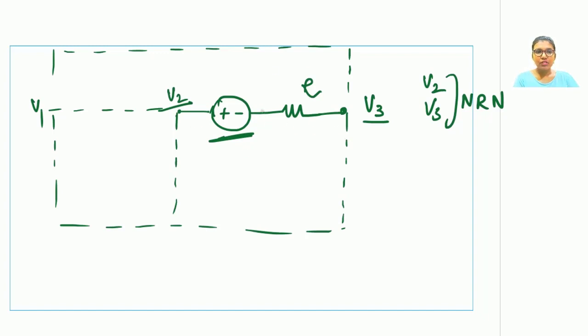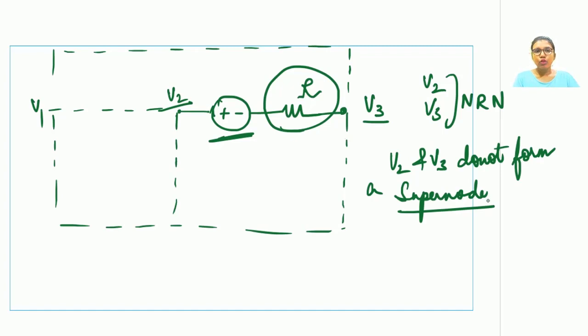There is a resistor as well in between the 2 non-reference nodes. In such a scenario, V2 and V3 do not form a supernode. In order to form a supernode, there has to be a voltage source only in between the 2 non-reference nodes. Then only we can say that it is a supernode condition.